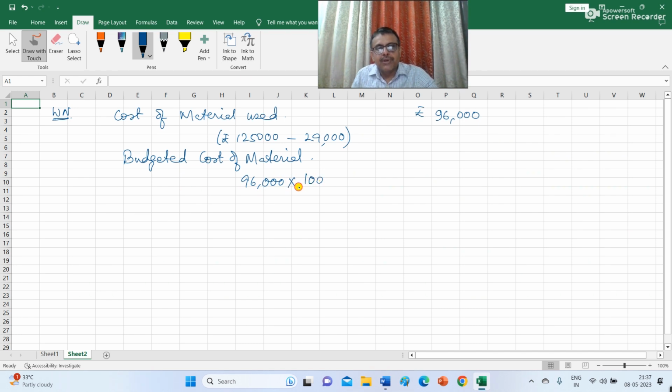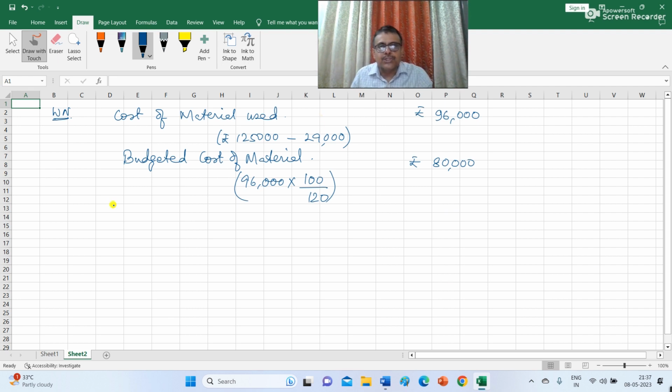Multiply this with 100 divided by 120. You will get rupees 80,000. So 80,000 was the budgeted cost of material, but there has been an increase of 20%. So 80,000 multiplied by 120% will give 96,000. So there has been an increase of 16,000.